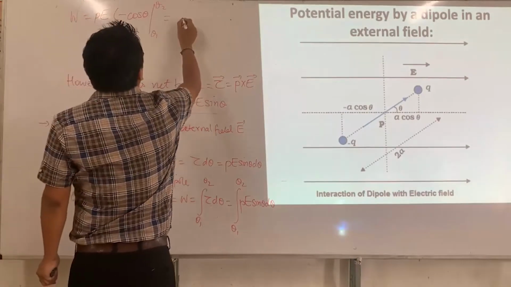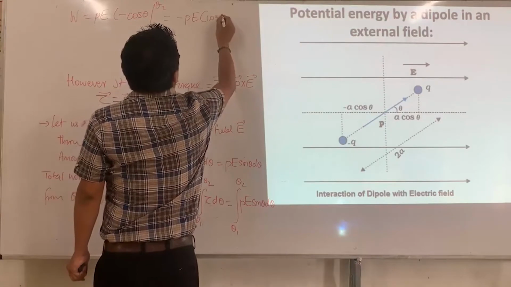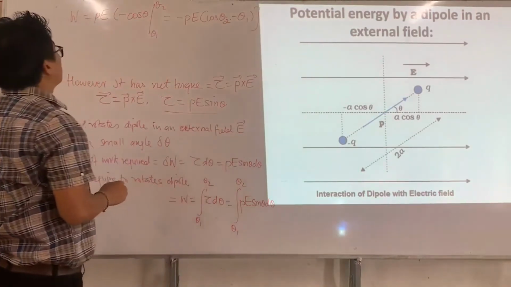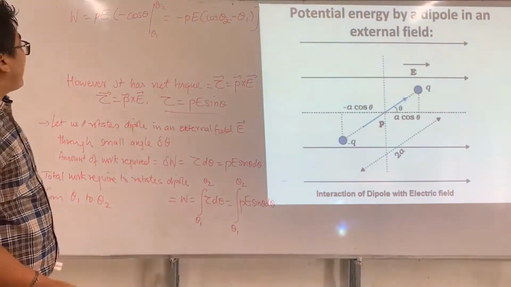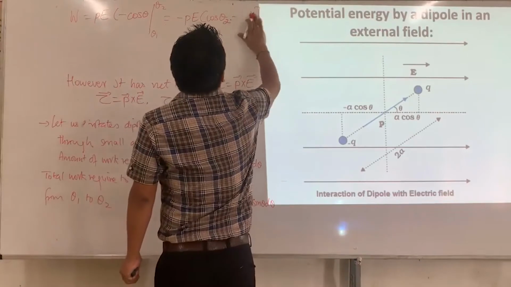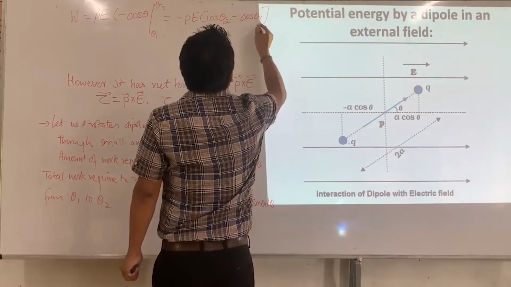Therefore this goes like PE times cos theta 1 minus cos theta 2. I'm sorry, this is final minus initial.